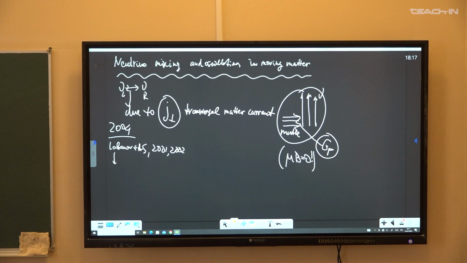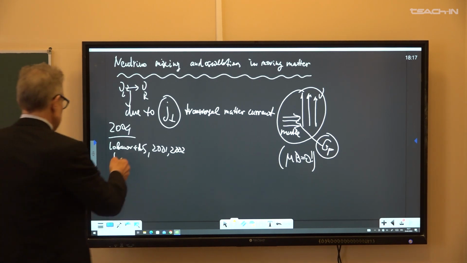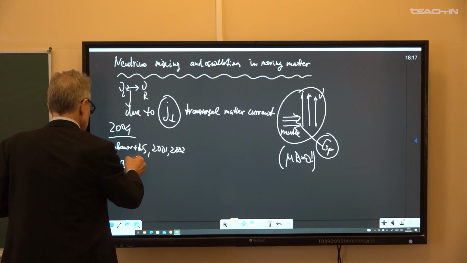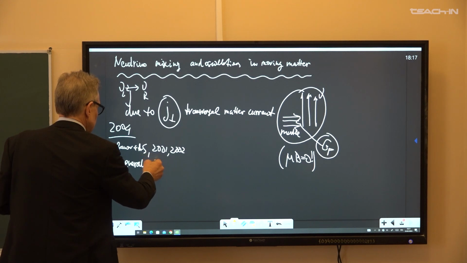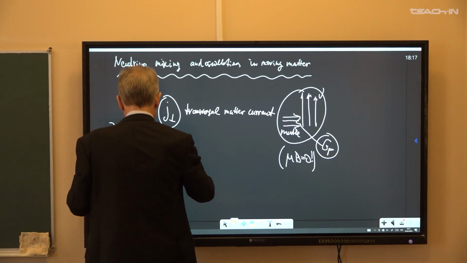We just add an additional term to this. And this is what we call the generalized Bargmann-Michel-Telegdi equation.